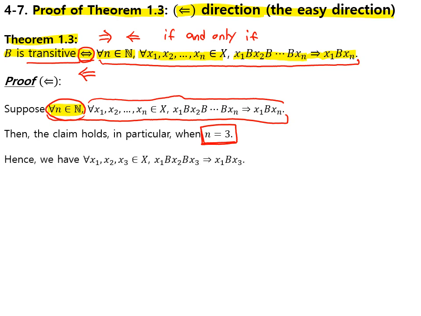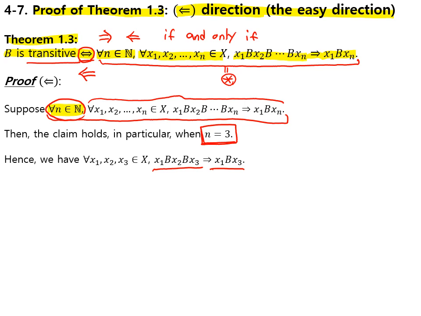So let us say that this long statement here is star. Since star holds, it holds in particular when n is 3 because it holds for all natural number n, right? So what that implies is that for any three elements, x1, x2, and x3, if we connect x1 to x2 to x3 by the binary relation, this implies that x1 is connected to x3 by that binary relation.